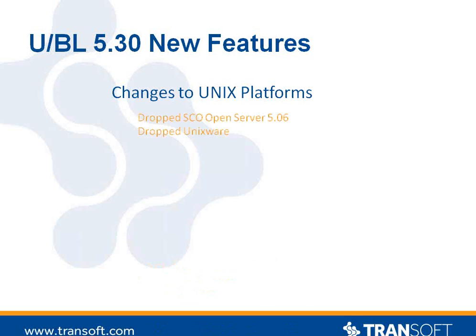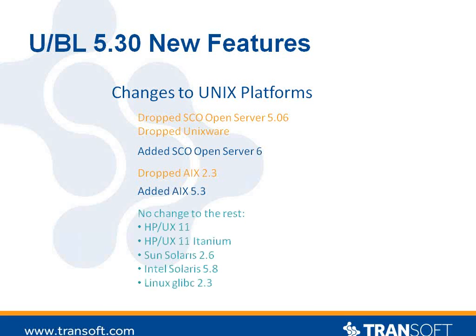So we've dropped SCO OpenServer 5.0.6 and dropped UnixWare, and it's been replaced with SCO OpenServer 6. SCO OpenServer 6 and UnixWare can run OpenServer 6 binaries, so we didn't really need that now. And we've dropped AIX 2.3, which is very old, and now we're building on AIX 5.3. And there's been no change to the other platforms.